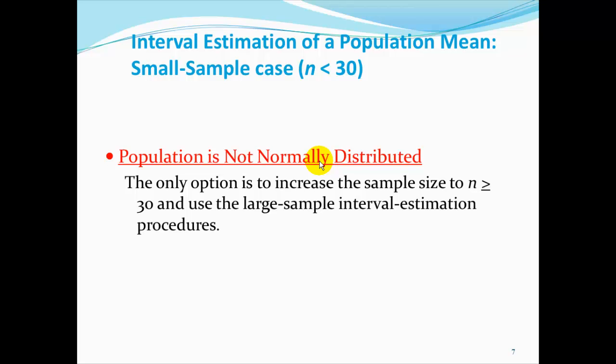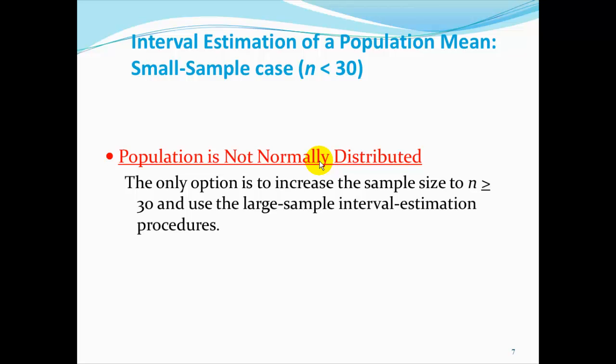Before continuing, we should note that if we have a small sample case and the population is not normally distributed, we can't move forward with any type of statistical analysis. Recall, for a large sample case, regardless of the original population, the central limit theorem allows us to assume that the sample mean is still normally distributed.